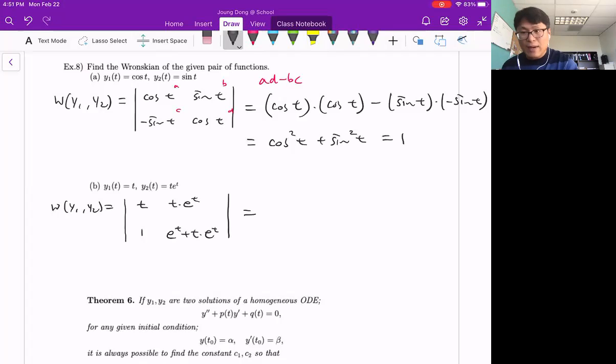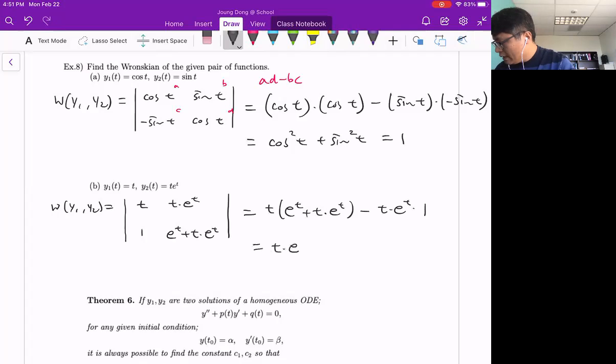So do it again, AD minus BC, and A times D minus B times C, which is equal to t e to the t plus t squared e to the t minus t e to the t, which is equal to t squared times e to the t.